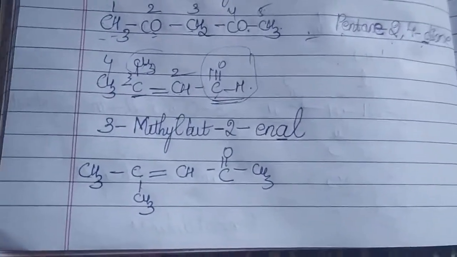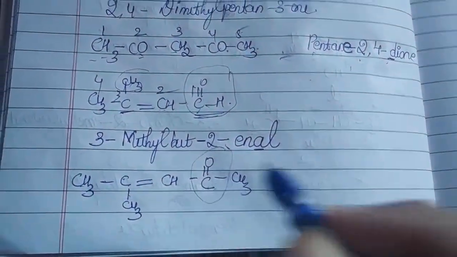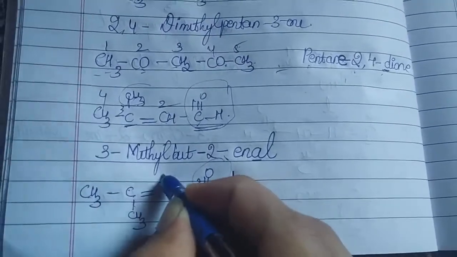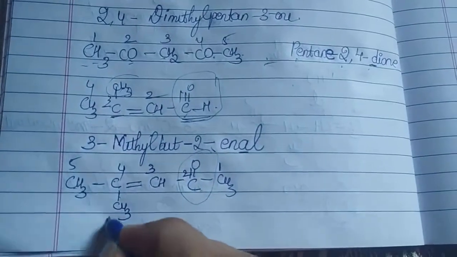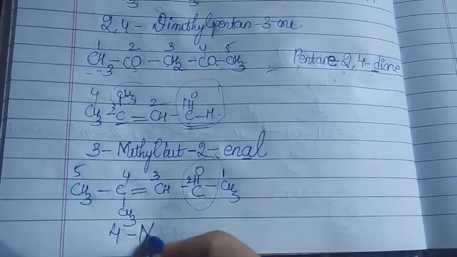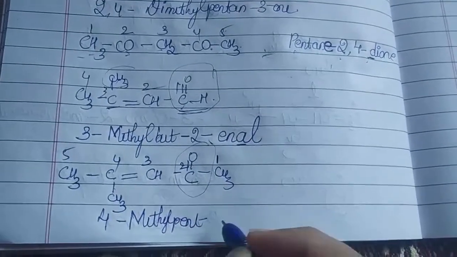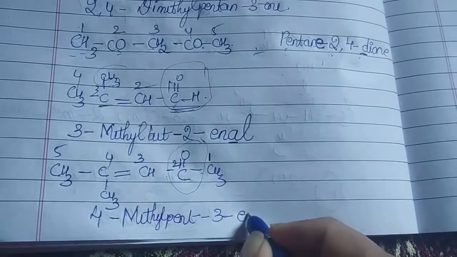Now here, of course, ketone is a functional group, so it should get the least position number. So 1, 2, 3, 4, 5. So what is the name? 4-methylpent-3-ene.